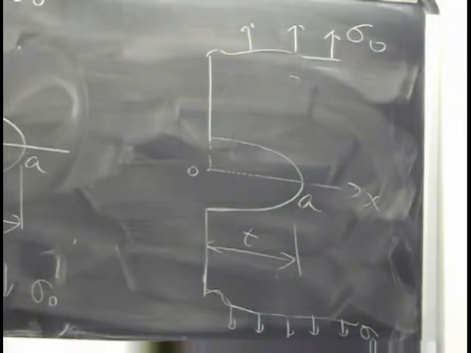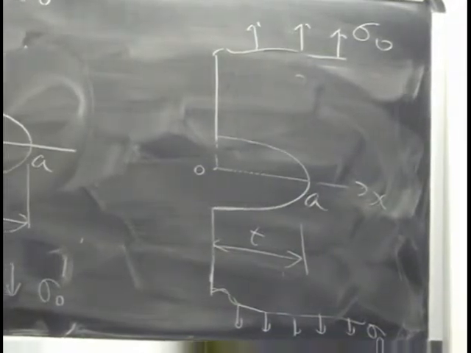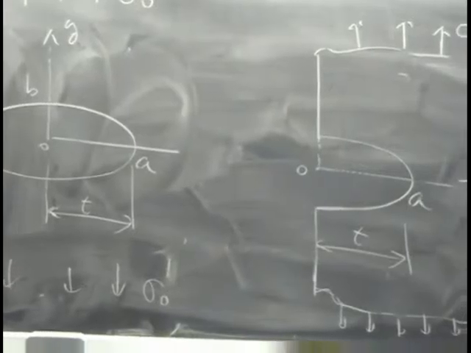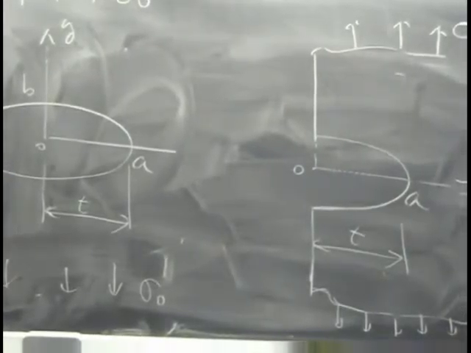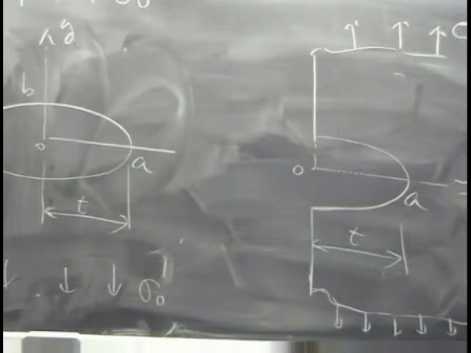But from the viewpoint of mechanics, we have a different boundary condition at the middle plane. In one case, we have symmetry, in the other case, it's a free surface. Yes, the boundary condition is different. Good point, okay?